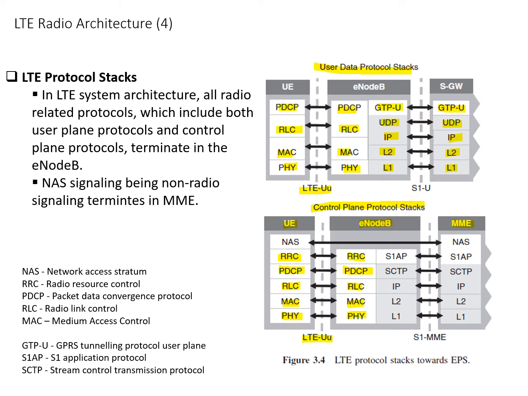Here, on the interface between E node B and MME: physical layer L1, L2 layer, same as TCP IP network, IP, SCTP, S1AP protocol, and above there is the NAS protocol.